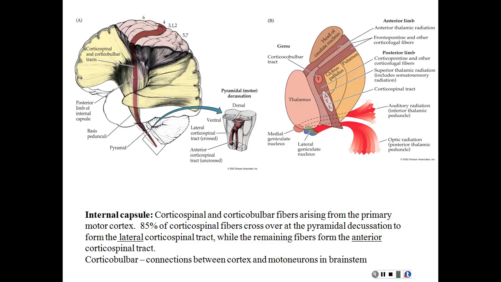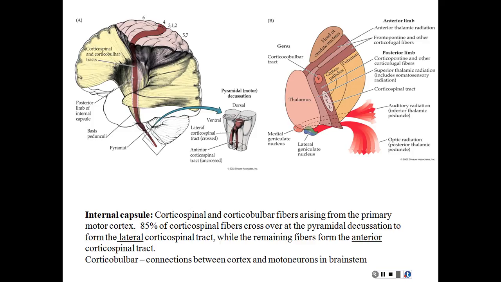And 85% of the axons cross the midline, which now means that your right cerebral hemisphere is going to be influencing your left motor neurons and vice versa. 85% of them cross. And because now the pathway is split, we have to give them more distinct names.